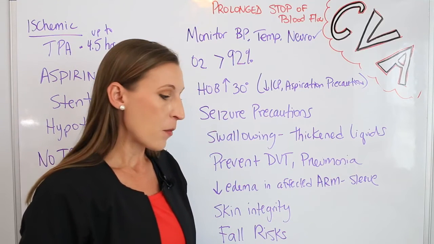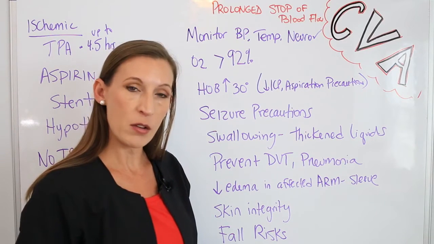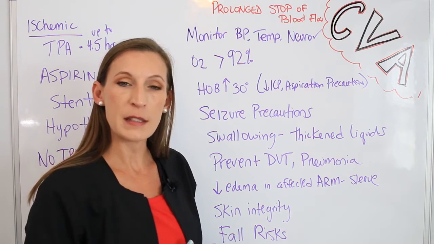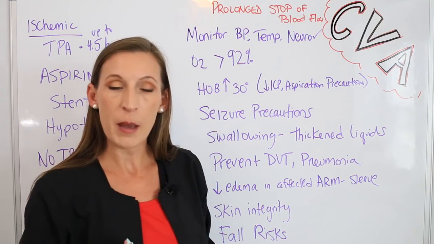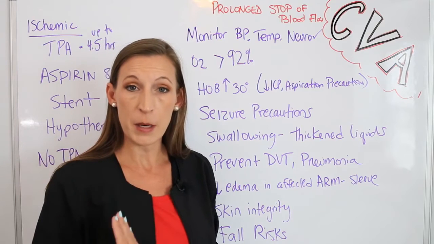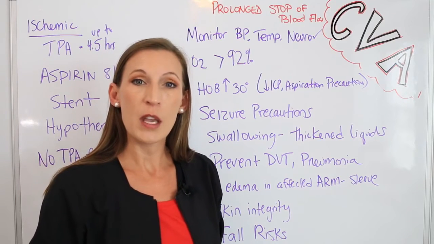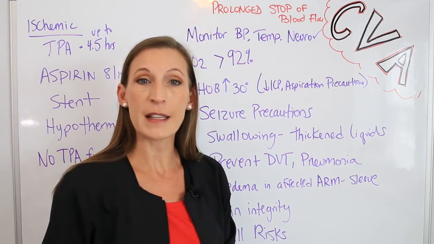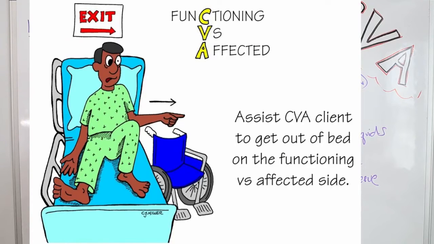One thing you need to remember is that when we're assisting a hemiplegic patient, a patient that's paralyzed on half their body, then we will put the wheelchair on the side of the bed that their good side is. So they get out on the functioning side. Can you imagine trying to get out of the bed on a side that's paralyzed?